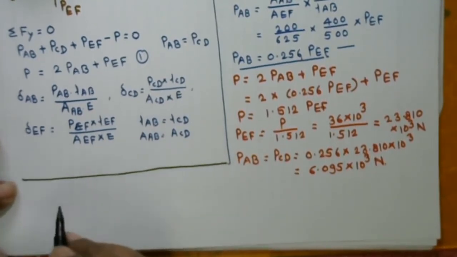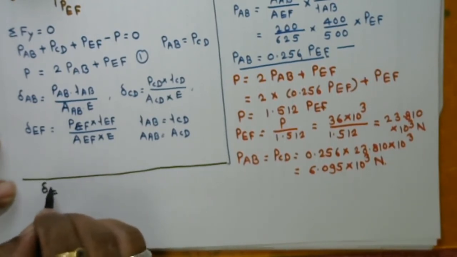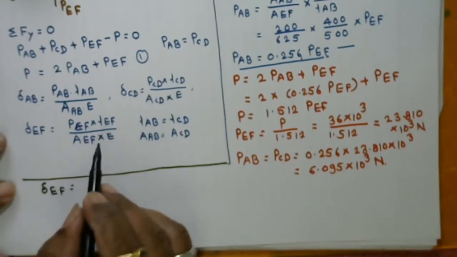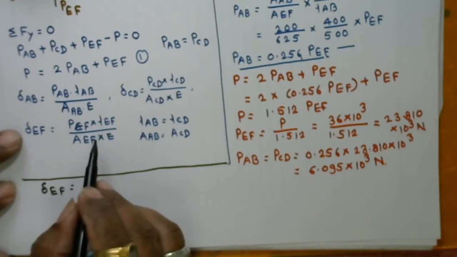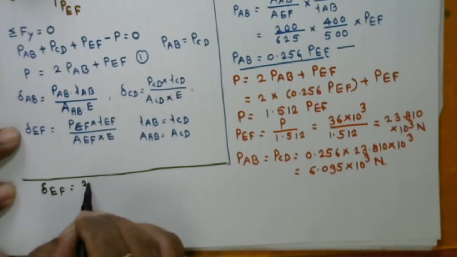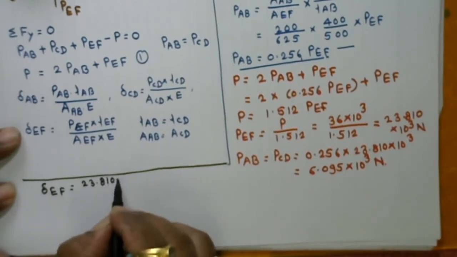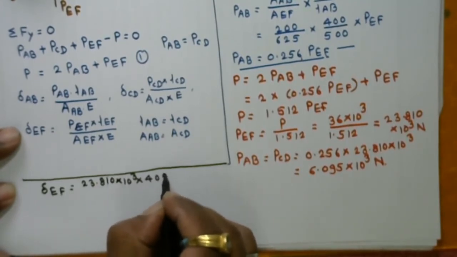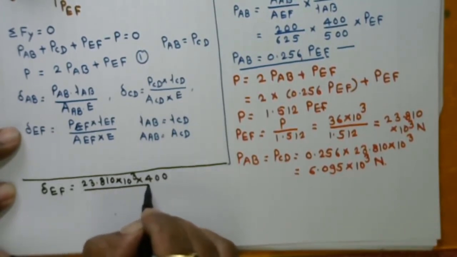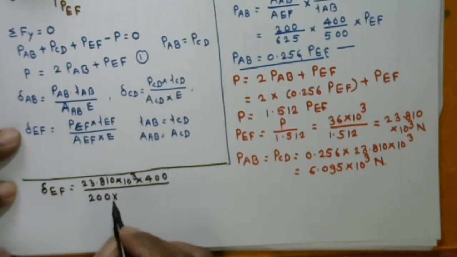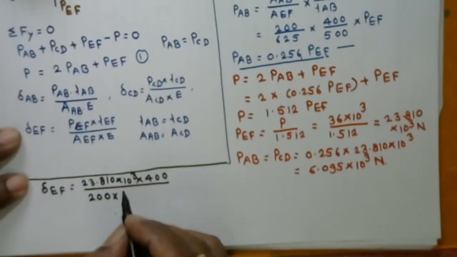Now we have to calculate delta. So delta EF is equal to, we know, PEF into LEF divided by AEF into E. PEF we already calculated, 23.810 into 10 raised to 3 into 400 divided by 625 into 200 into 10 raised to 3.